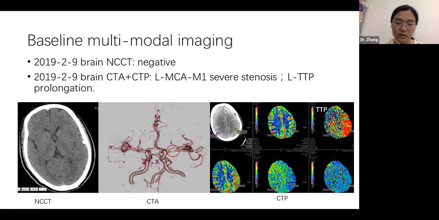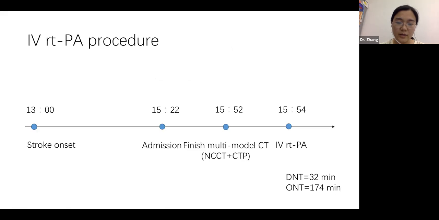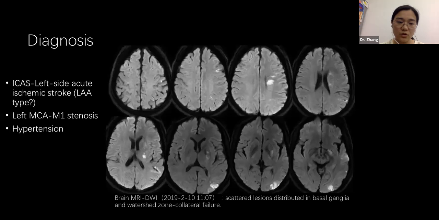It may be ICAS stenosis. This is the second-day MRI scan. We can see the scattered lesions distributed in the basal ganglia and watershed zone.